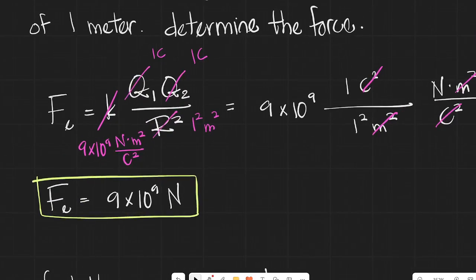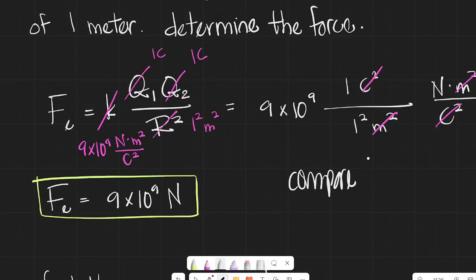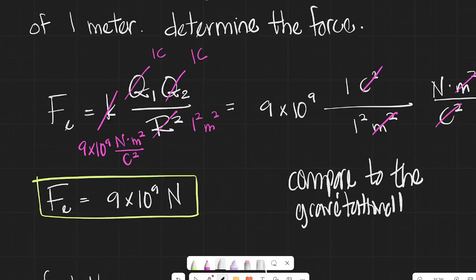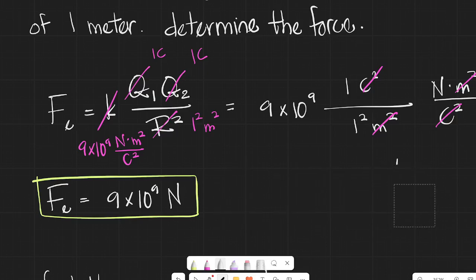Now, let's compare this to the gravitational force. Let's find out what kind of mass would cause that same gravitational force. What mass is going to cause the same gravitational force?